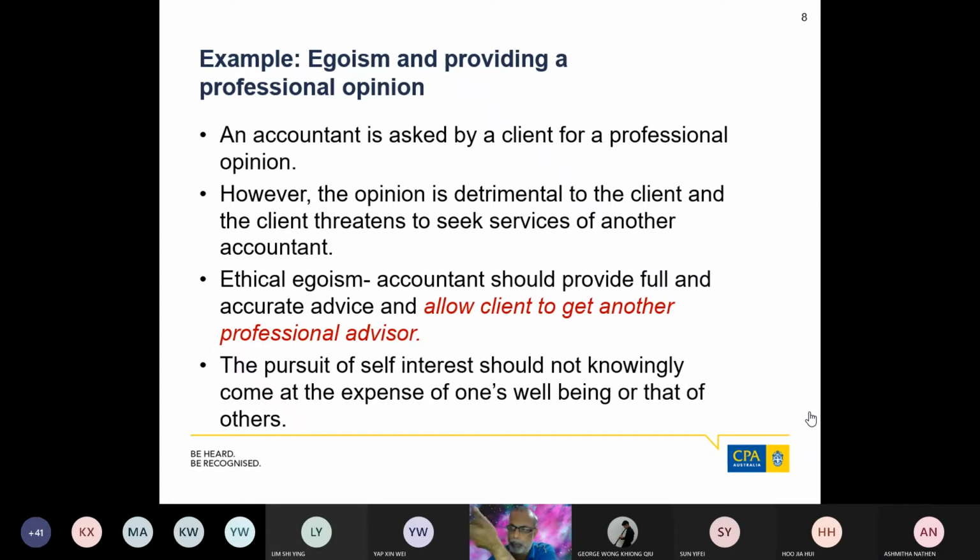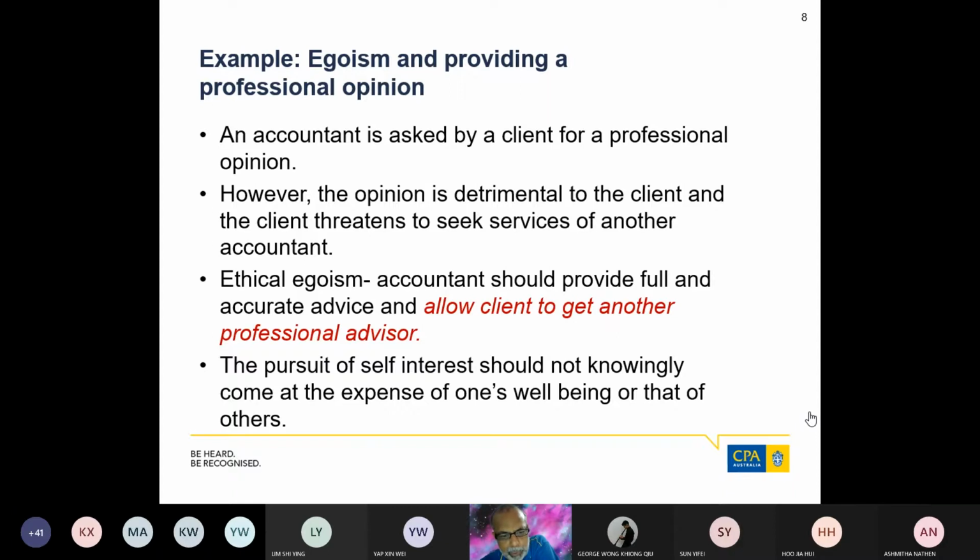So if you are going to follow this concept of ethical egoism, you should tell the client, okay, I've given you my best advice, in accordance with my code of ethics, in accordance with my accounting standards, in accordance with my financial reporting standards, in accordance with my tax code. If you still think that you're not happy, I cannot stop you. You're most welcome to go and see another accountant and auditor. But of course, you must speak to him in a professional manner, not in a rude manner.